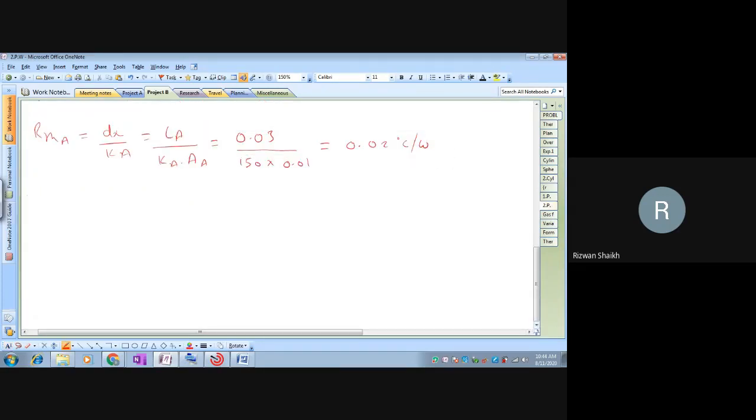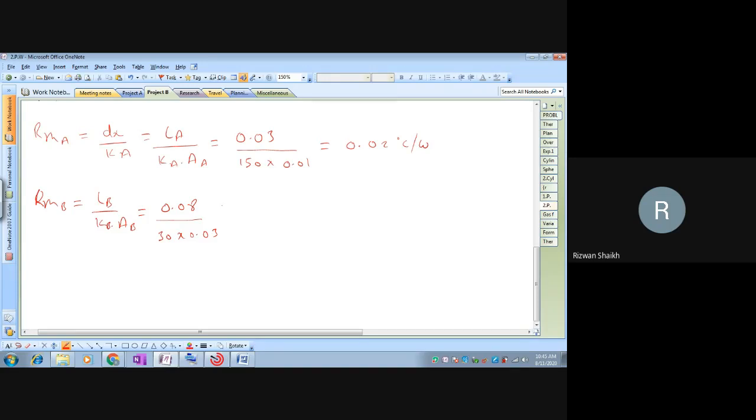Now I can go to the B resistance, RTH B. How can I do RTH B? It is LB upon KB into area of B. I can substitute the value. So for B, LB is 0.08 divided by KB is 30 into 0.003.